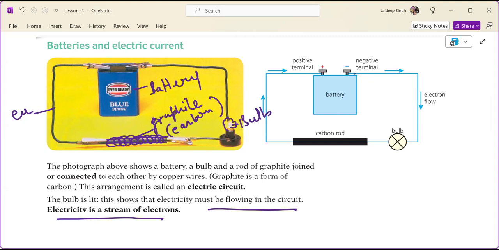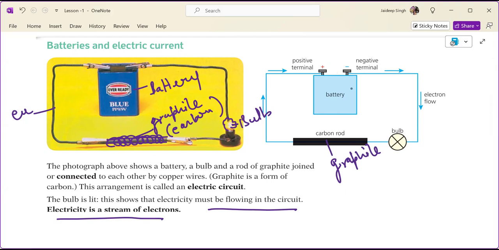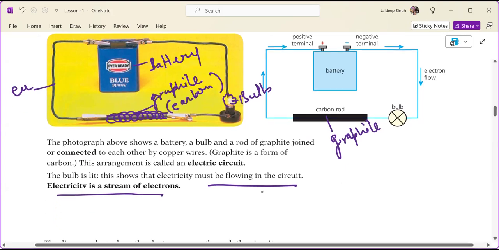Look, electrons move out from the negative terminal and flow to the bulb. Then they move to the carbon rod, the graphite here. Then they come back to the battery through the positive terminal. This is called a circuit diagram.